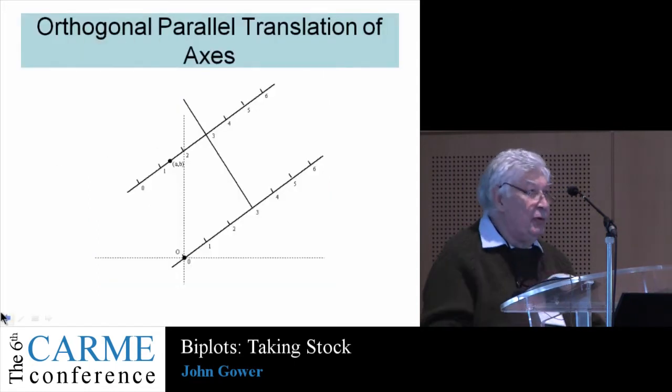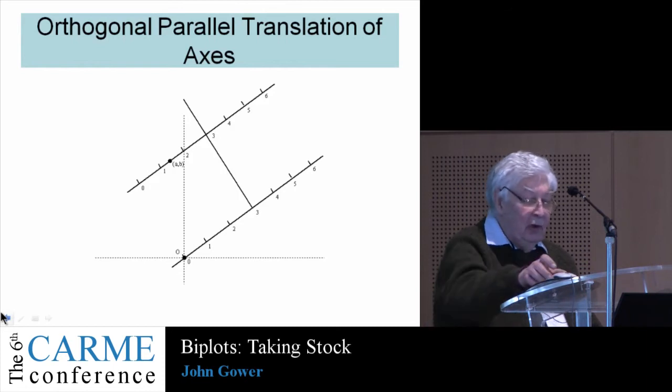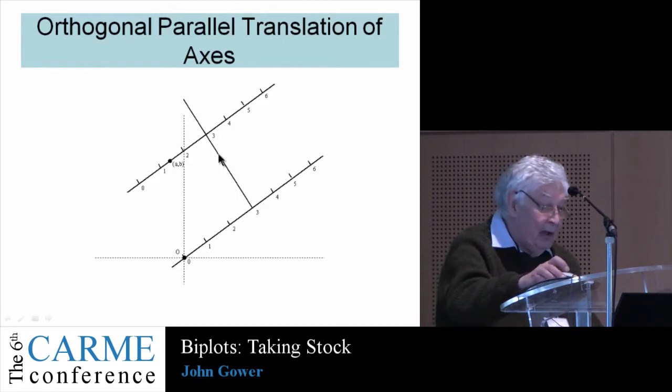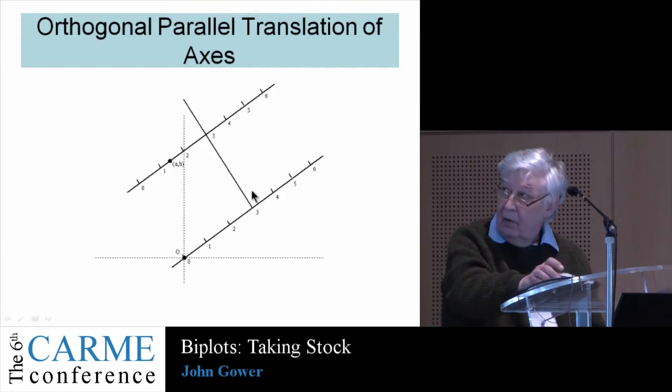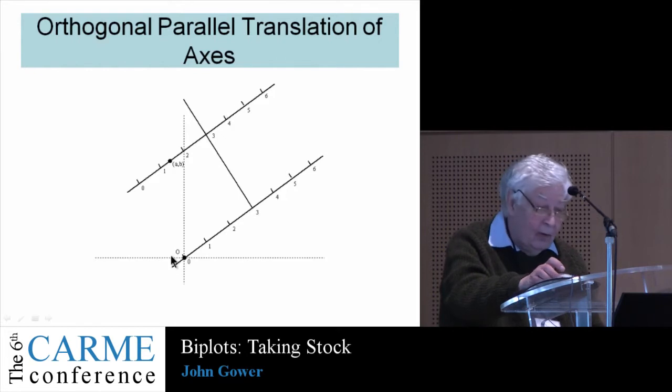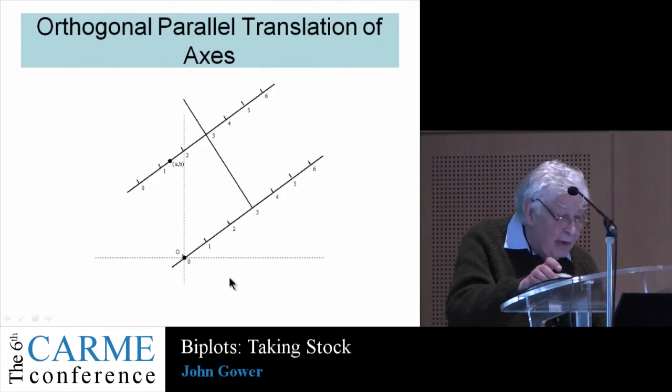Now there are lots of things you can do to preserve inner product. Rotations, we know, make no difference whatsoever to an inner product. But you can also move axes parallel to each other and orthogonally. That's good. Up there, that looks orthogonal. In front of me on here, it doesn't.